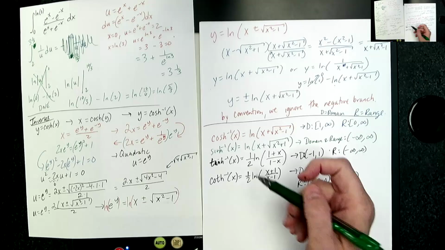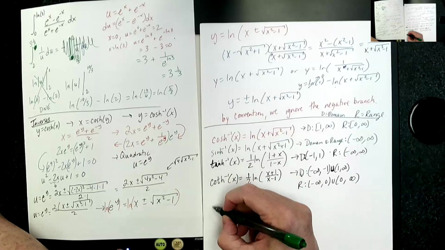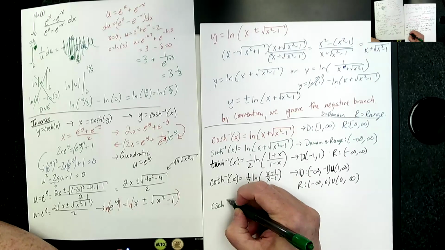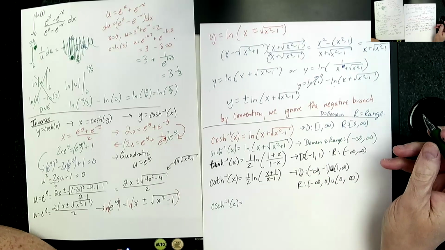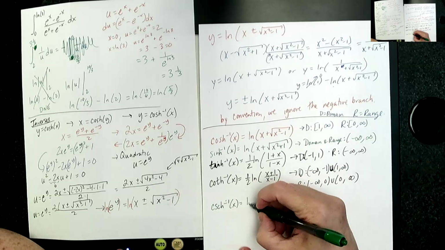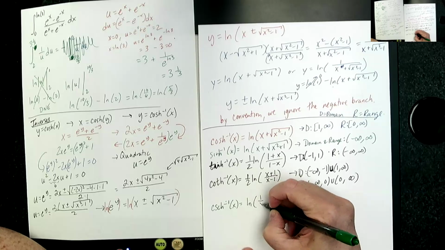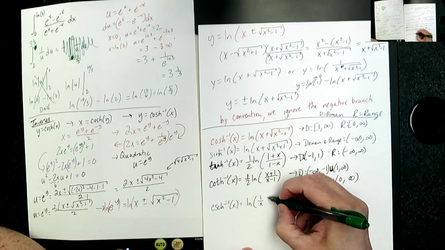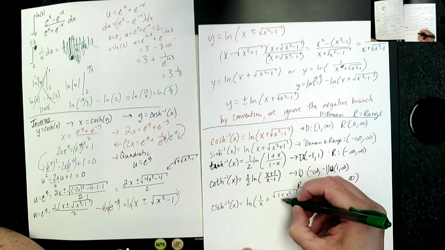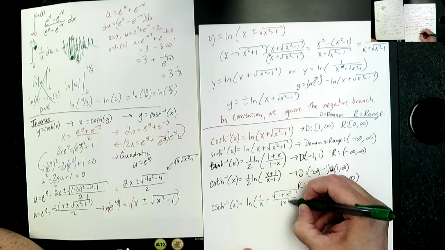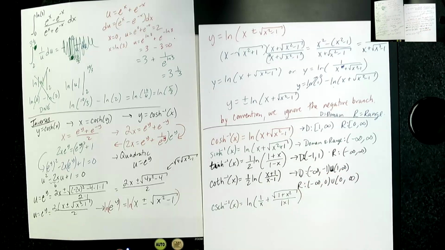All right, sinh goes with cosecant. I'll do that in green also. Csch inverse. What is this one's formula? Oh, you're gonna love this one. Natural log of 1/x plus the square root of 1 plus x squared over the absolute value of x. How about them apples?